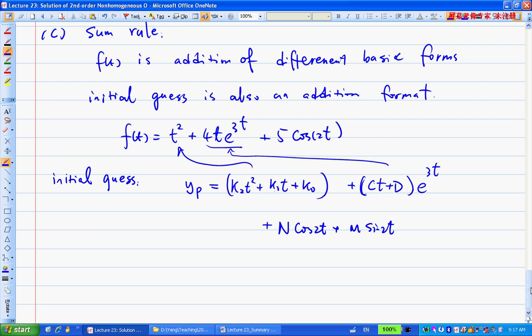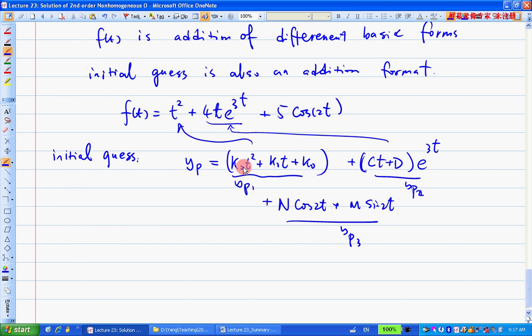But when it comes to actually solving this, what I would recommend is this: you consider this as your yp1, yp2, and yp3. So you have three different guesses. Then you try to solve for each of these constants separately, not a whole bunch of these things all together.